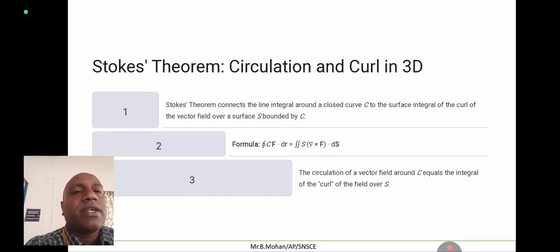That is very important: the integral of F vector dot dr equals the double integral over S of del cross F vector dot dS.